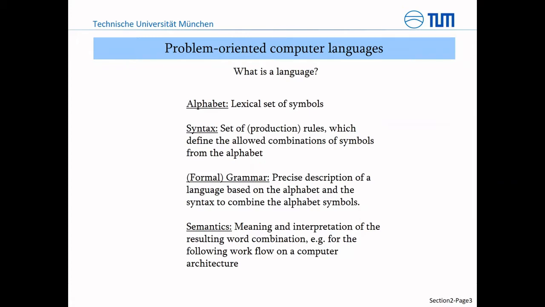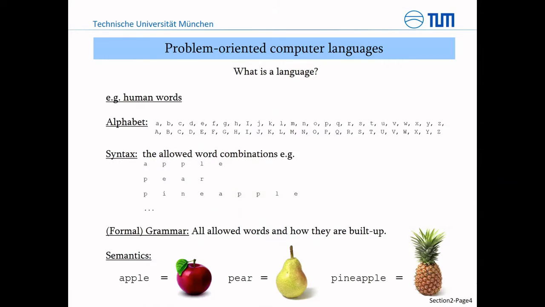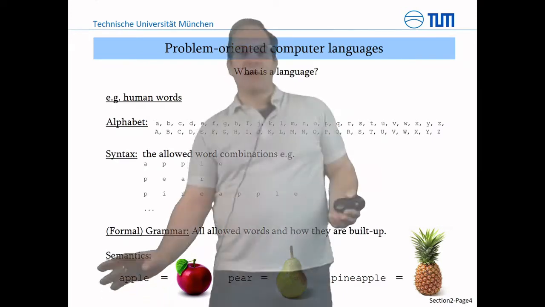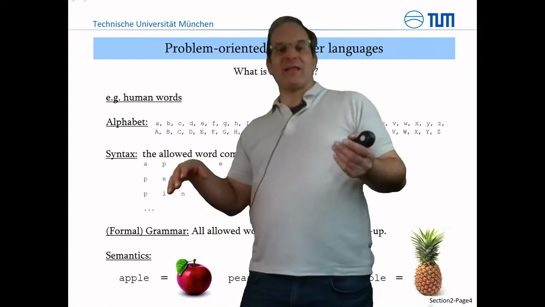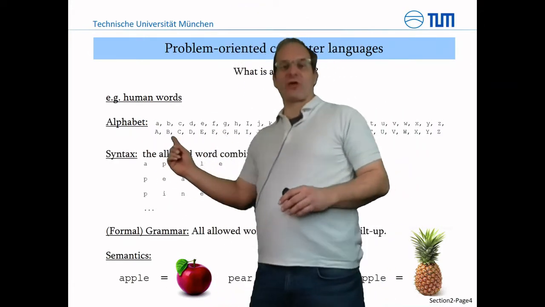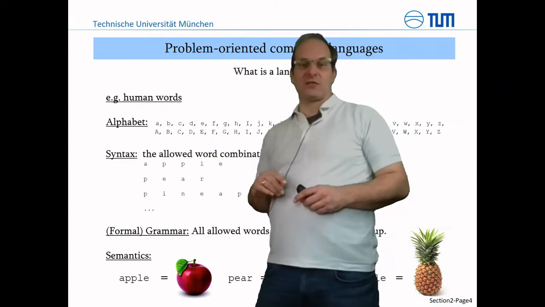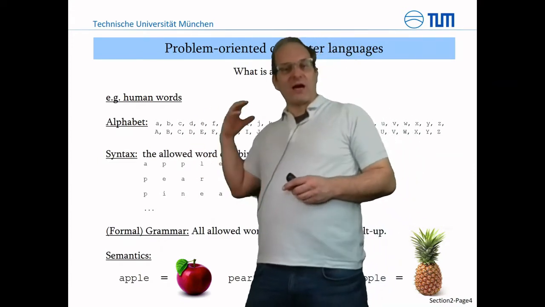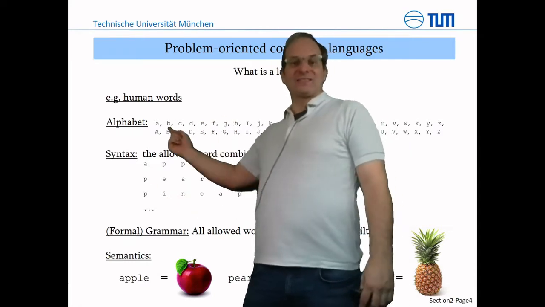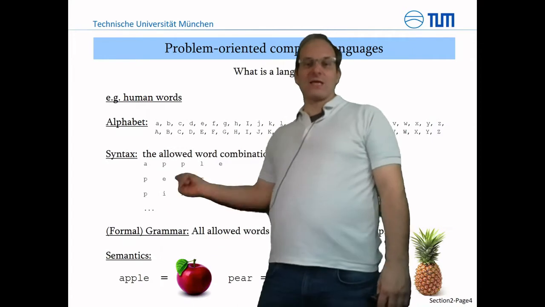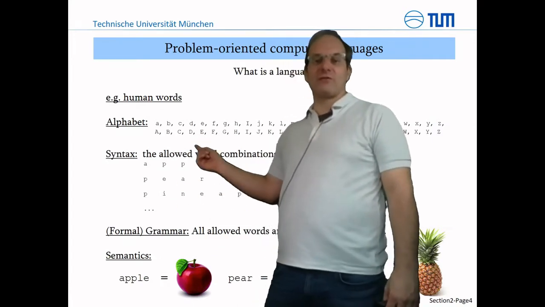So let's do a practical sample so that we see this difference. Let's start with a human word and what we need for that. In this case of a human word, we have an alphabet which is based on the characters in upper and lowercase. So our alphabet, our pool of signs, is the alphabet. And then we have a possibility of combinations.